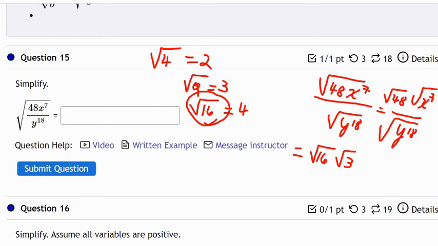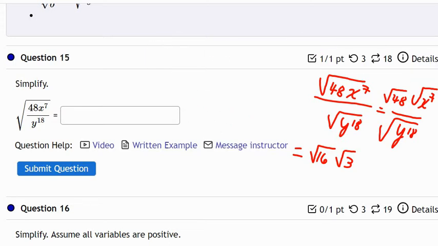The x to the 7th, I'm going to work on that by doing a division problem. It's the square root of x to the 7th, so I'm dividing the 7, that's the power, by the index 2. 7 divided by 2 gives me a 3. 3 times 2 is 6. And then when I subtract, I get a remainder of 1. The numbers here play a role in what we're going to get.